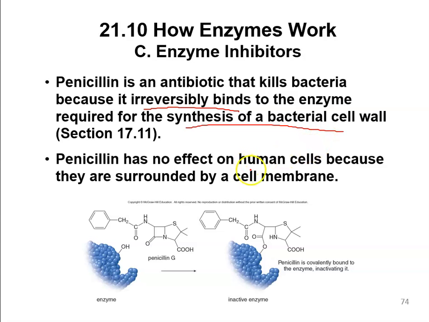Penicillin has no effect on human cells because they are surrounded by a cell membrane. So this is why penicillin works, because bacteria do not have a cell membrane. So these are able to actually get into the cell, or a bacterial cell.